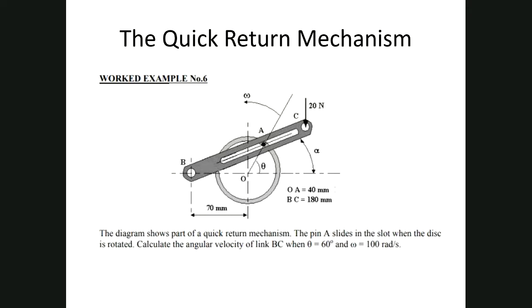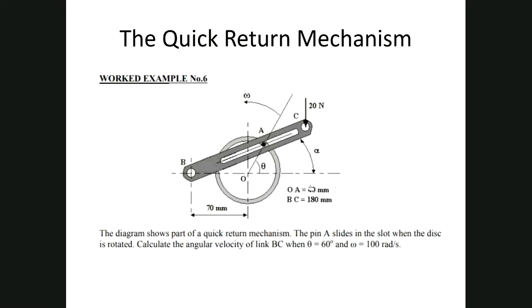So we'll see that there is a force acting on this. We actually ignore that, we're not using that for what we want, it's just in the diagram. This crank is rotating at 100 radians per second, so this time we've already done the conversion, we don't need to do anything with that angular velocity.